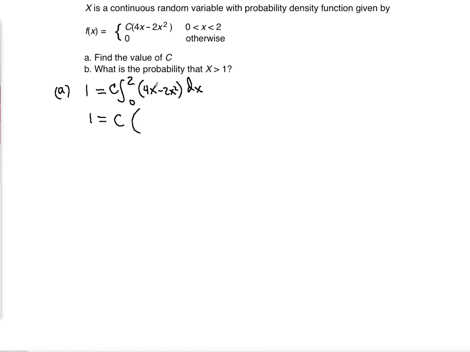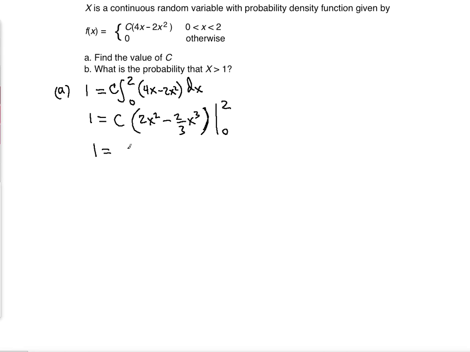The antiderivative of this is x squared over 2, so 2x squared is the resulting first part, minus, and there's a 3 divided by 3 as well, so 2 over 3 x to the third. That's the antiderivative, but then you want to find the definite integral, so from 0 to 2 you're going to evaluate the function that you just derived.